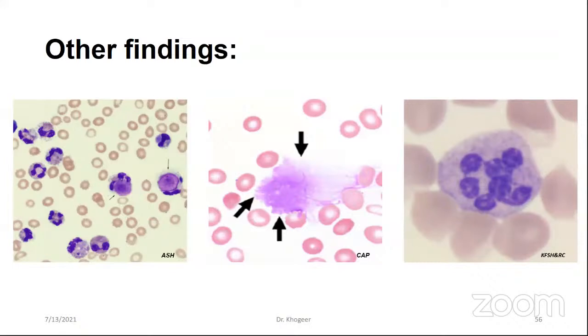Hypersegmented neutrophils are usually seen in megaloblastic anemia, and are sometimes considered a dysplastic feature if combined with other dysplastic morphological findings.